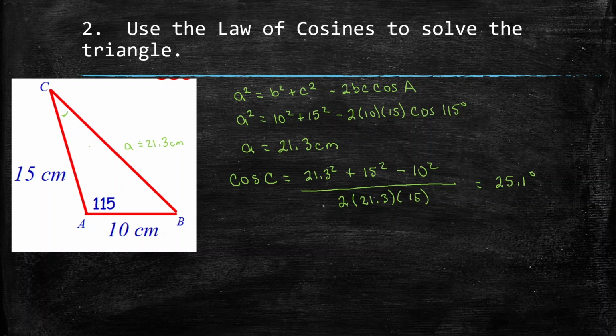And so now that I have this angle at 25.1 degrees, then this angle right here can be found by subtracting from 180.